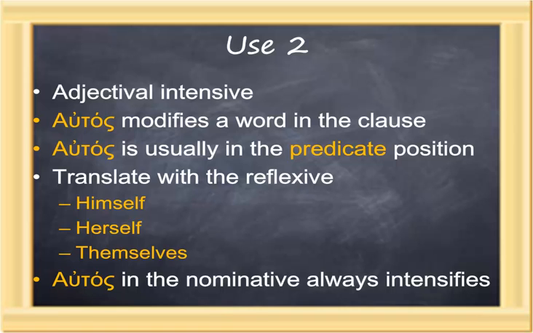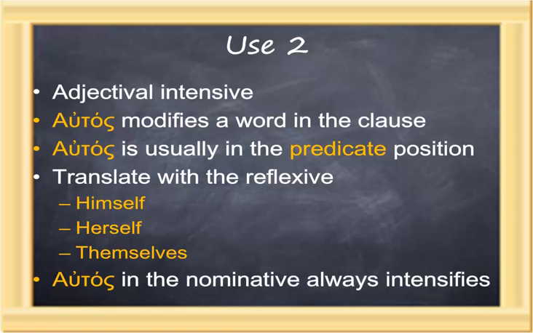The second use of autos is as an adjectival intensive. It's possible to recognize this form when autos is modifying a word in the same clause, and autos is usually in the predicate position. That means it does not have an article in front of it.